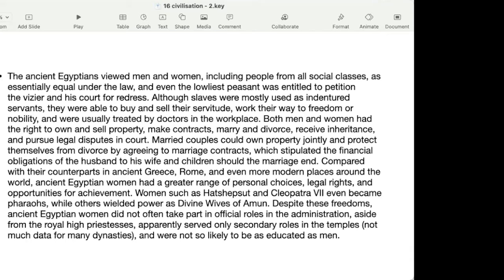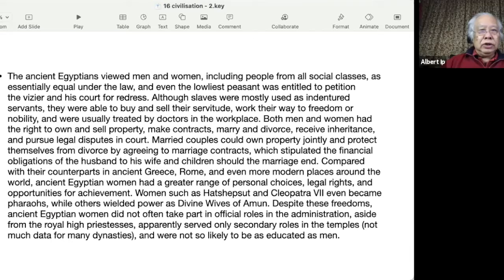Although slaves were mostly used as indentured servants, they were able to buy and sell their servitude, work their way to freedom or nobility, and were usually treated like daughters in the workplace. So it seems that although Egyptian society had strict social status, they could work their way up. So social mobility is there.